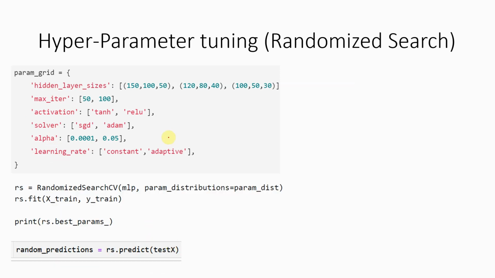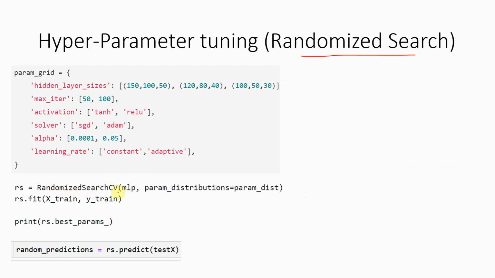In the same way, we can tune the hyperparameters using the randomized search. Here also we initialize all the hyperparameters, and the randomized search will randomly select a subset of the parameters and do the computation for that.